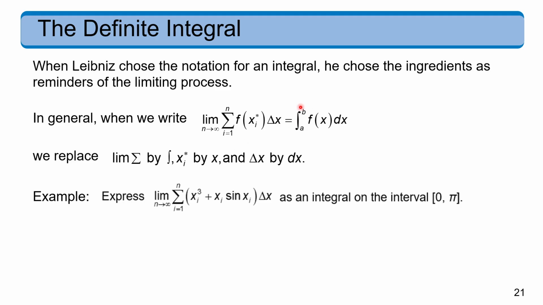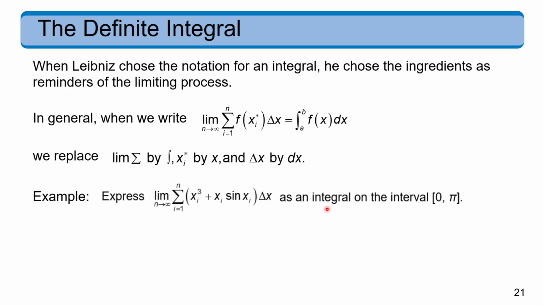And we discussed before that the integral symbol is replacing the limit and the sigma. So it represents a limit of a sum. And then notice here the sample point xi star in the integral notation just becomes plain x. And we've discussed before how the delta x becomes dx.